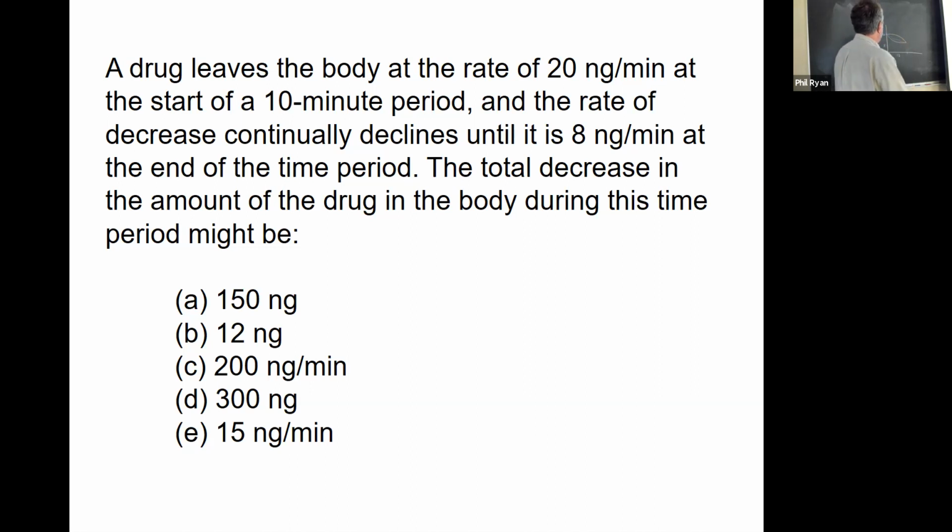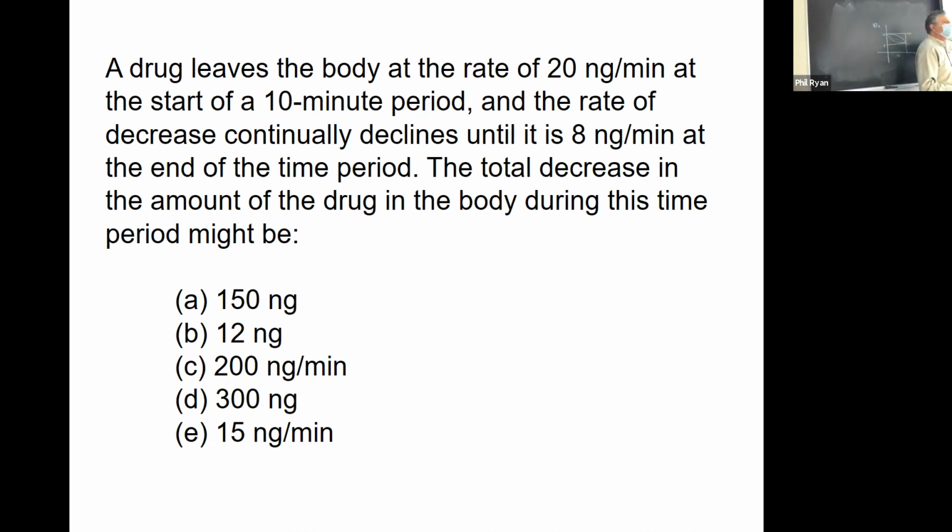But it's going to be within this rectangle and it's going to be over this rectangle. So we can come up with over and under estimates. An overestimate would be 200. An underestimate would be 80. It has to be something between 80 and 200. So what's the only possible answer?